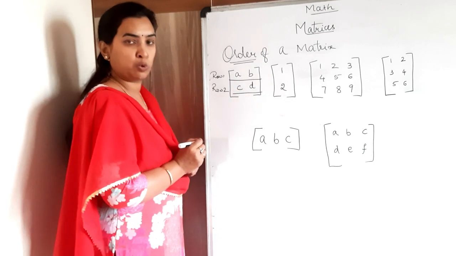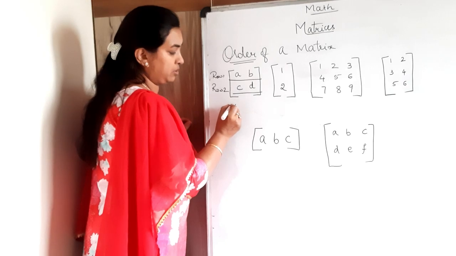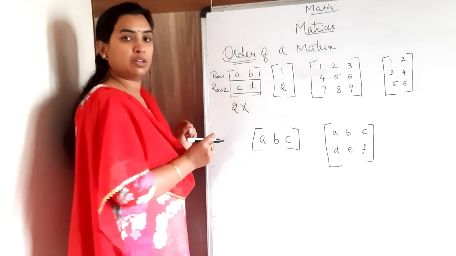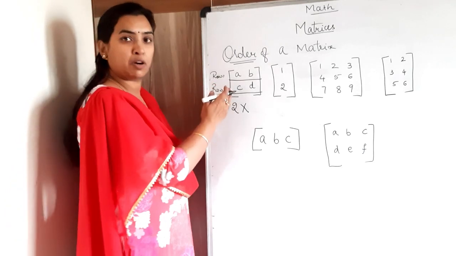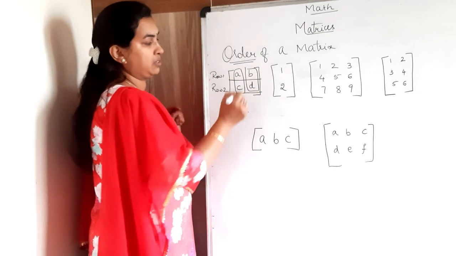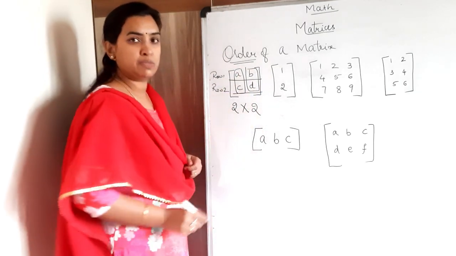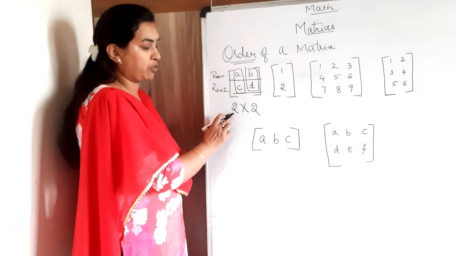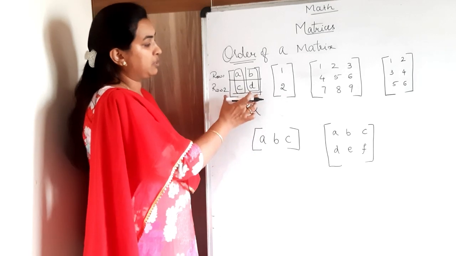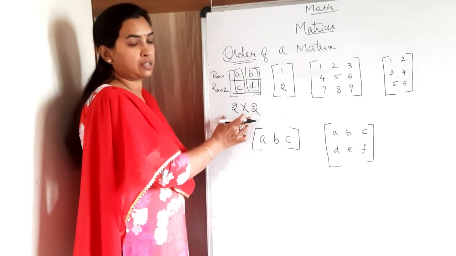Since there are two rows, I'll first write down the number of rows, that is 2, into the number of columns. See, there are two columns. So this is number of rows into number of columns. This is an example of a 2 cross 2 matrix.